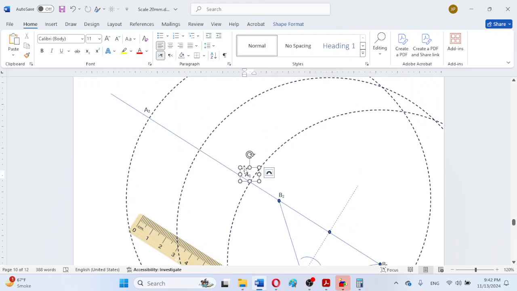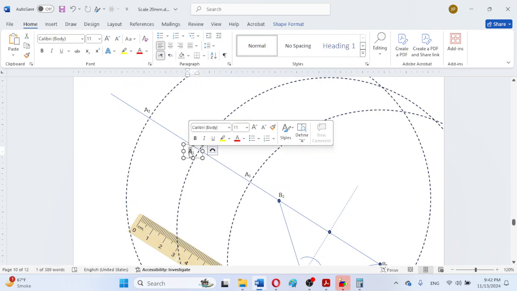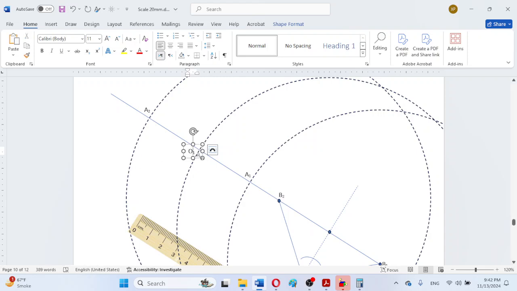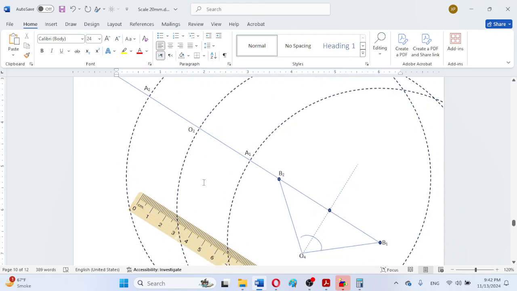So just copy this label and here change it to capital O subscript 2. So in this way the crank grounded revolute has been specified.